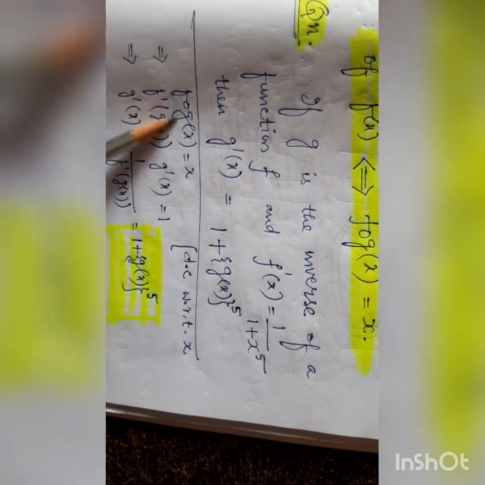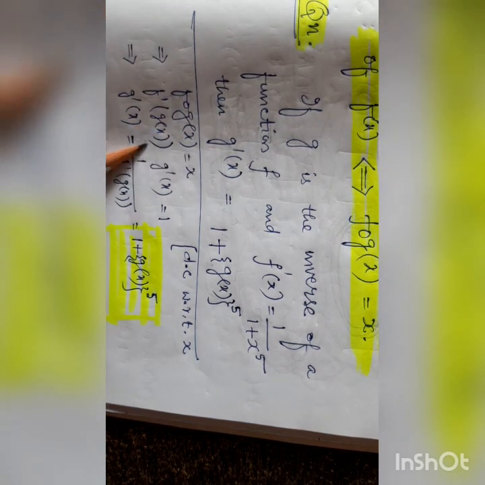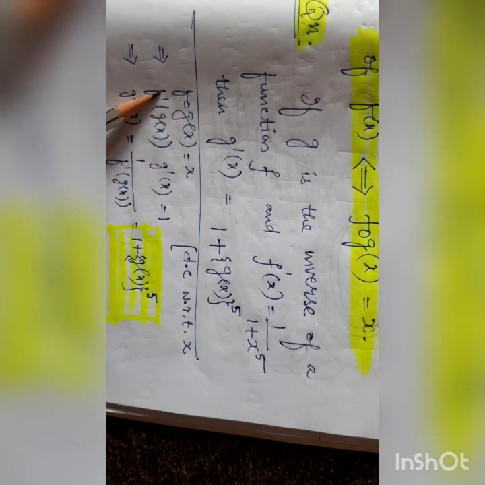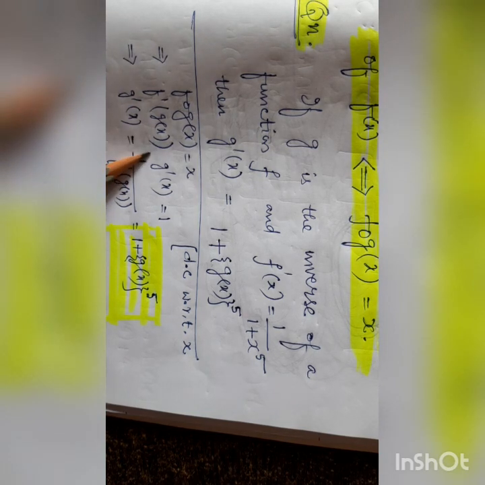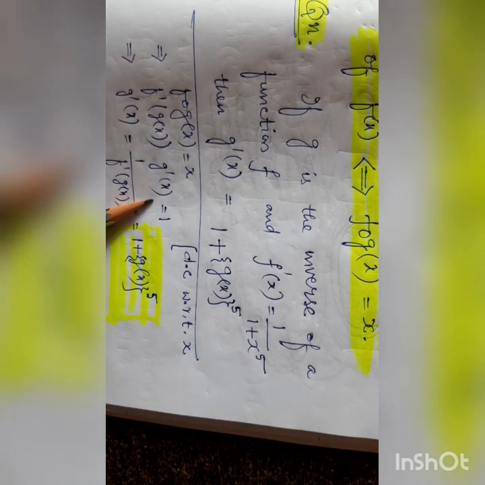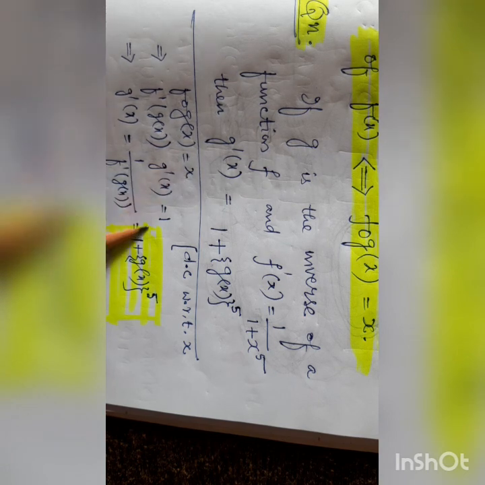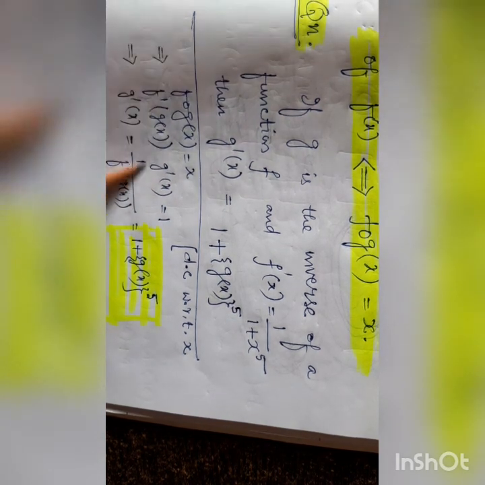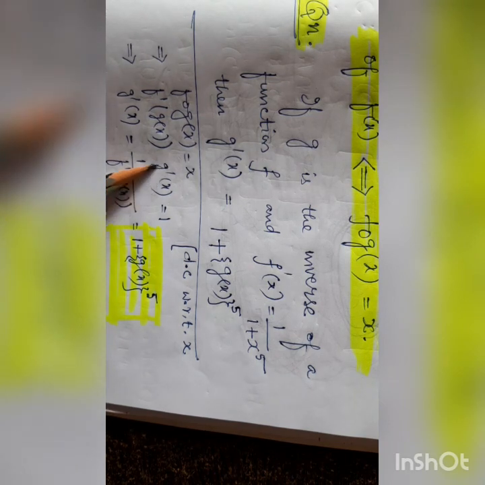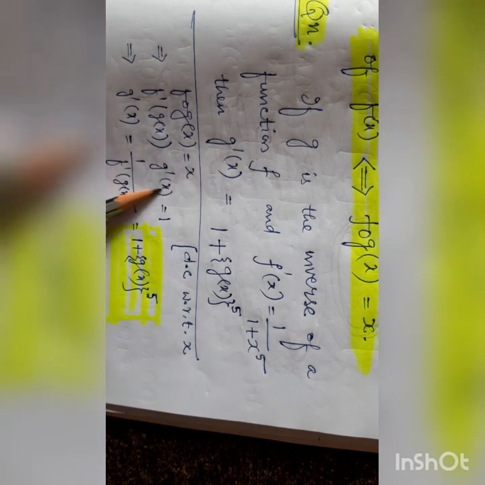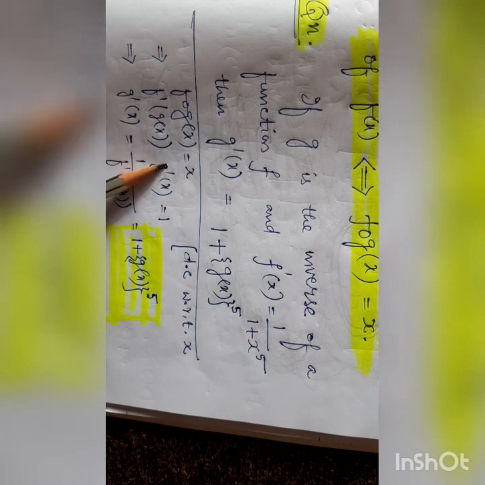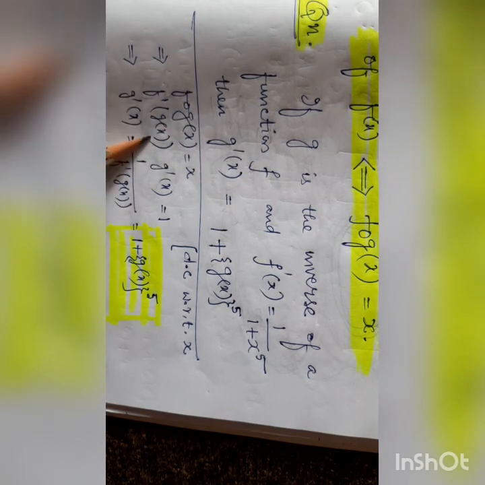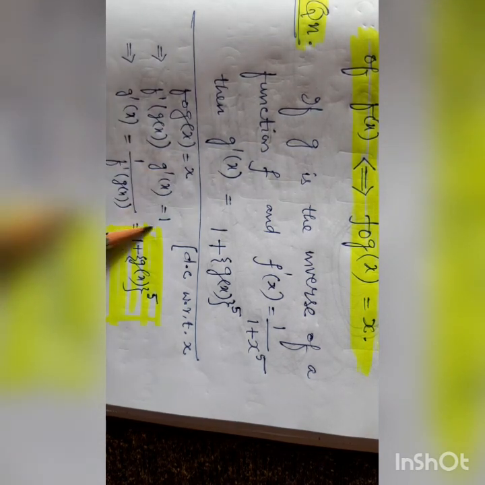This is f of g of x. So the derivative of f of g of x is f dash of g of x into g dash of x, equals, for x the derivative is 1.